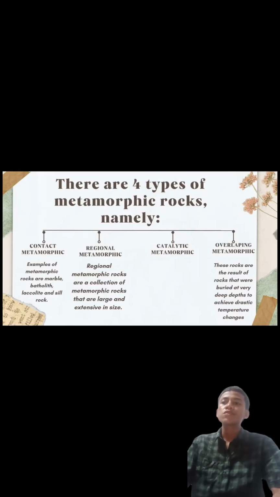There are four types of metamorphic rocks, namely, first, contact metamorphic. Examples of these rocks are marble, batholith, laccolith, and sill rock. Second, regional metamorphic. Regional metamorphic rocks are a collection of metamorphic rocks that are large and extensive in size.